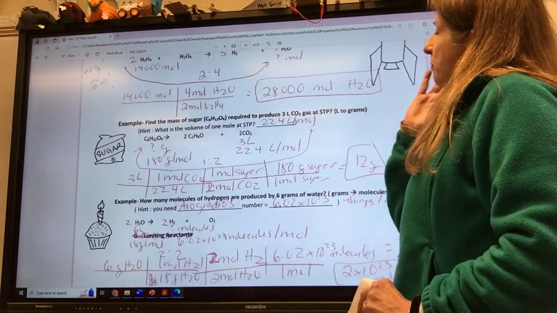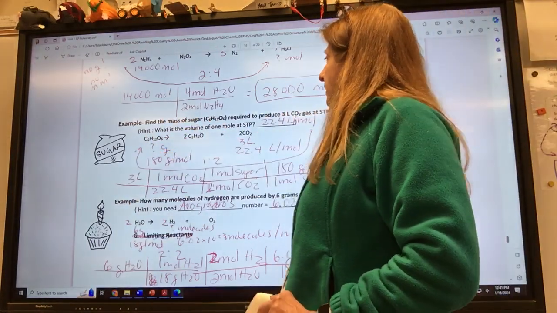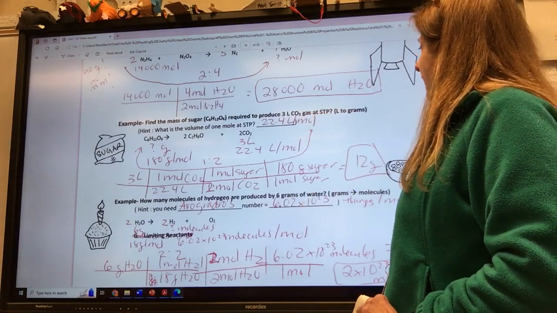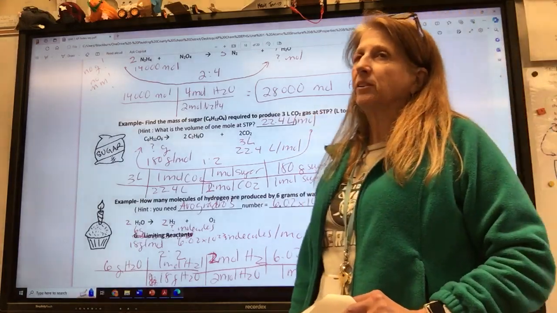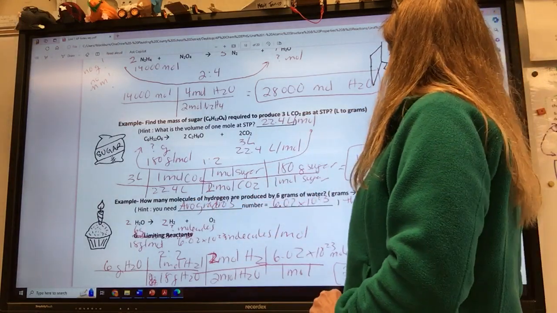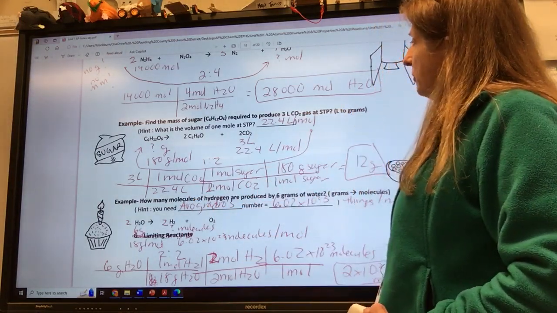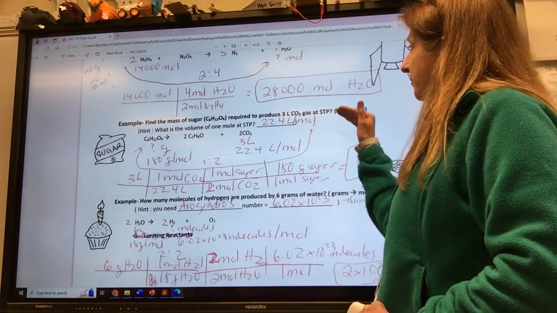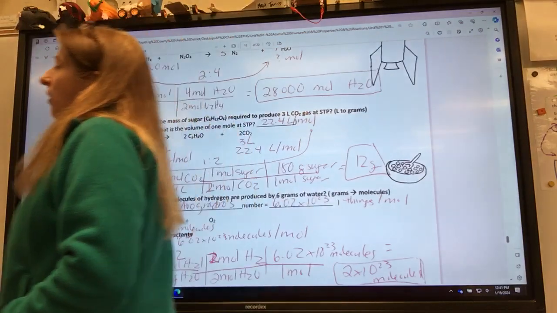Okay, next one. Find the mass of sugar, C6H12O6, required to produce 3 liters of carbon dioxide gas at STP. The STP just means you don't have to worry about anything. You can just do the problem. So we're going liters to grams. So first of all, what number do you use instead of molar mass if it's liters? It's over here on our box.